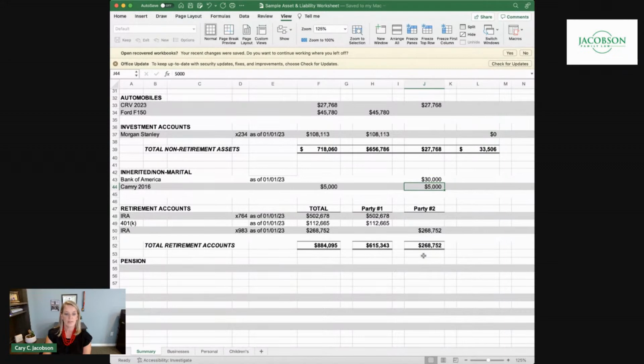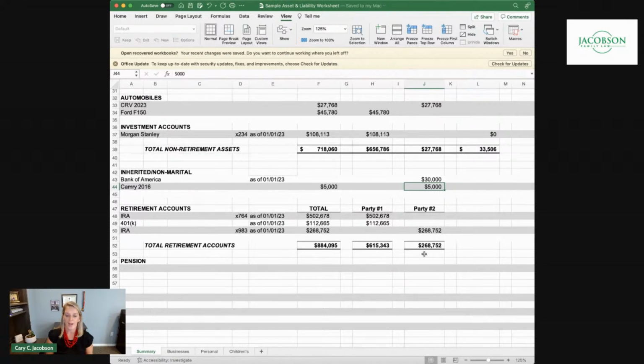So as you can see, this will help the parties now take this information and have a conversation about what they want to do with dividing these assets as well as these expenses. And that's going to vary depending on what each of their needs are and what it is that they're trying to accomplish.